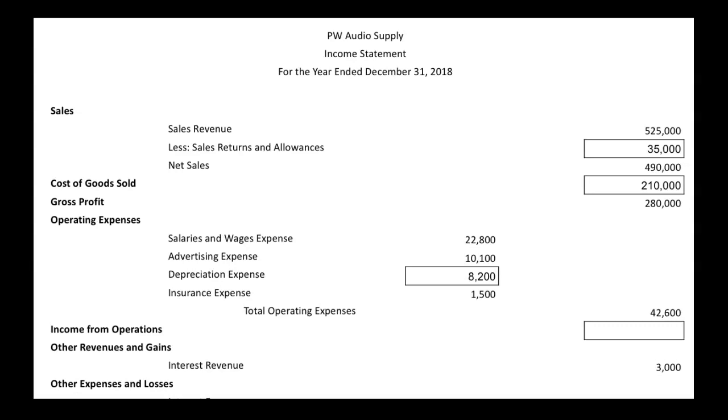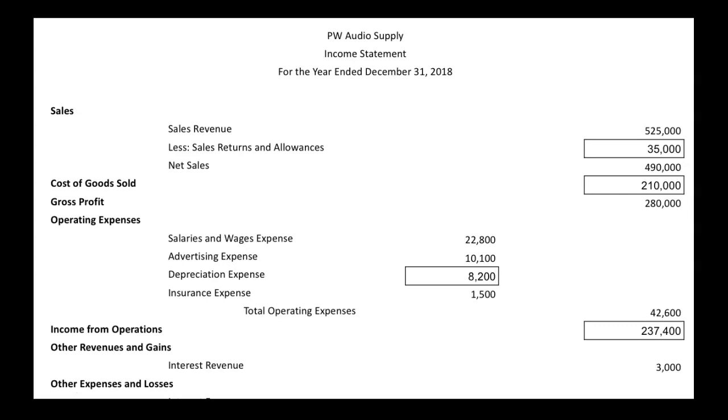So we have a gross profit of 280,000. We have total operating expenses of 42,600. So if we subtract those two, that'll give us an income from operations of 237,400.